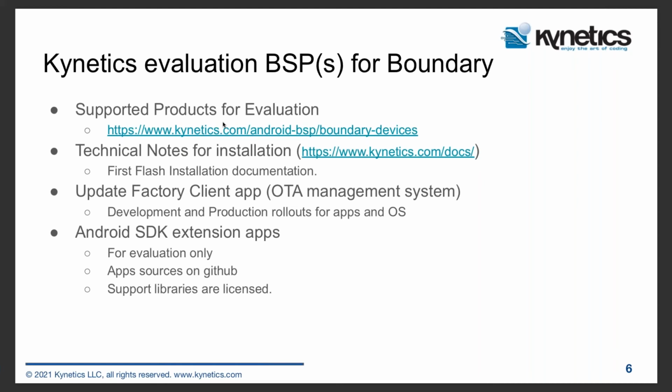The app sources are on GitHub, and these are a reference part of the documentation on how to use those SDK extensions. Of course, the support libraries for enabling these SDK extensions are licensed by Kinetics.